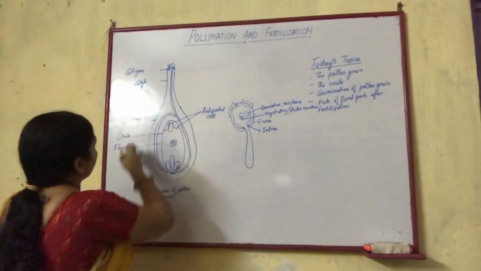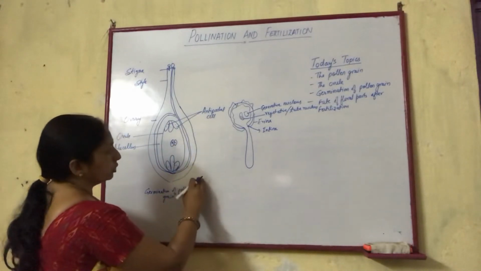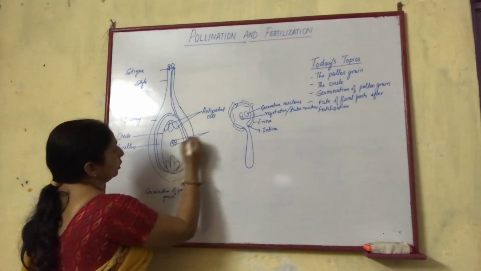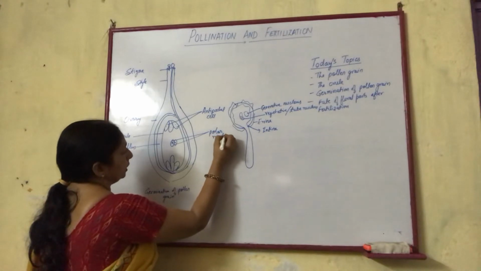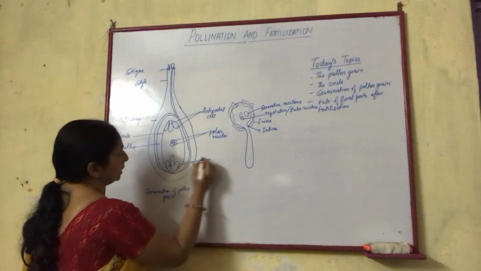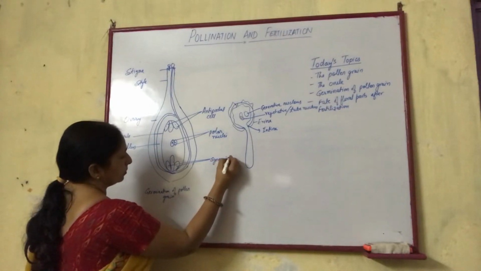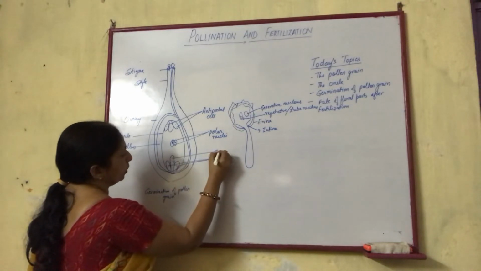All these structures we have already discussed, so today we'll discuss the structure of the ovule. Antipodal cells, at the center two polar nuclei, then at the bottom two synergid cells, and at the center one egg cell.